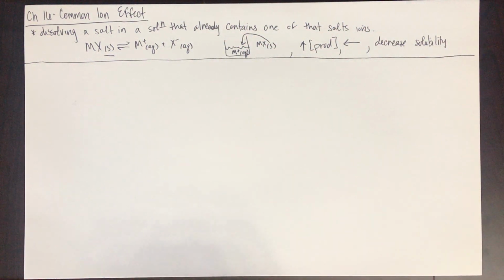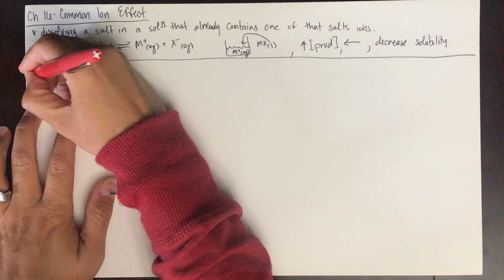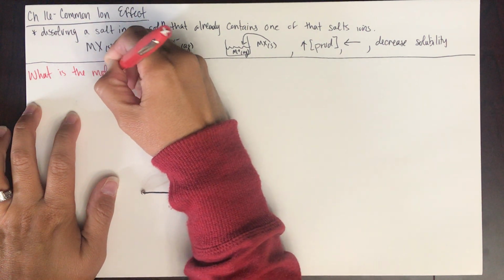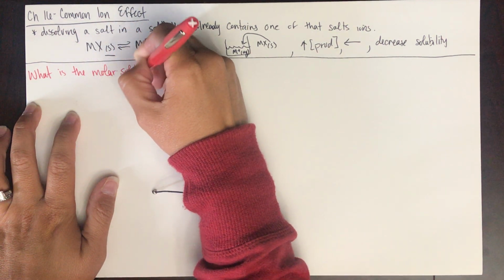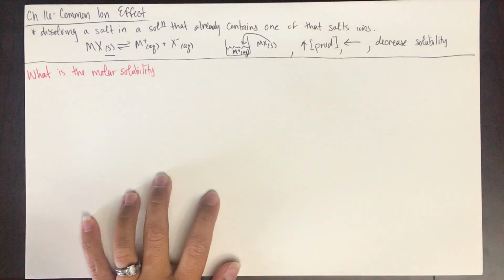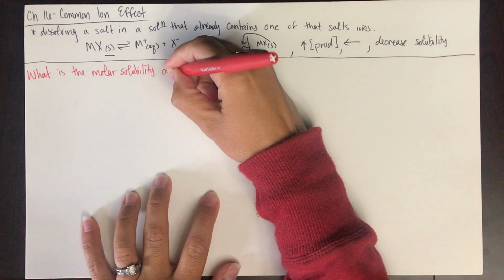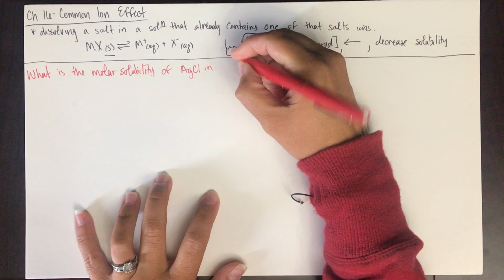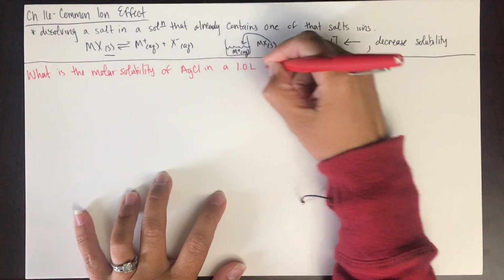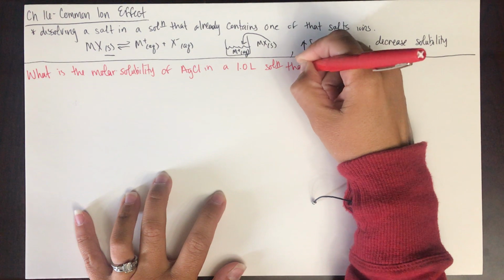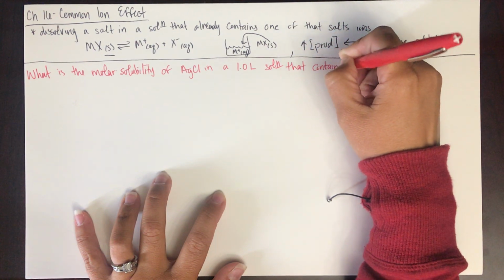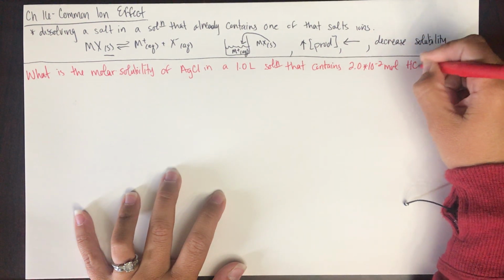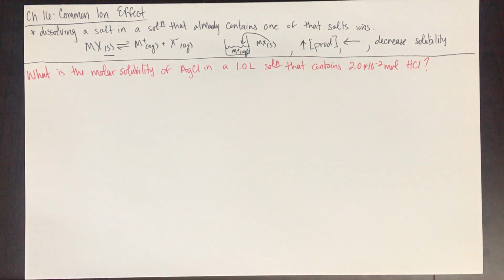So this question says, what is the molar solubility of silver 1 chloride in a 1 liter solution that contains 2.0 times 10 to the negative 2 moles of HCl, hydrochloric acid.